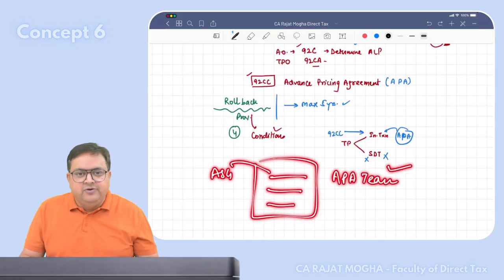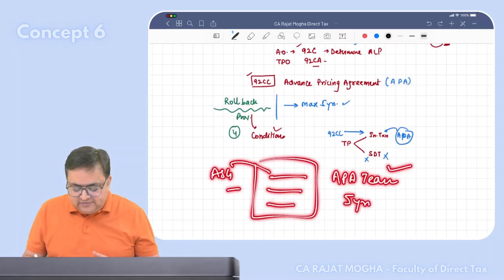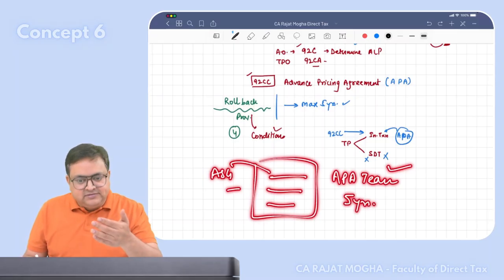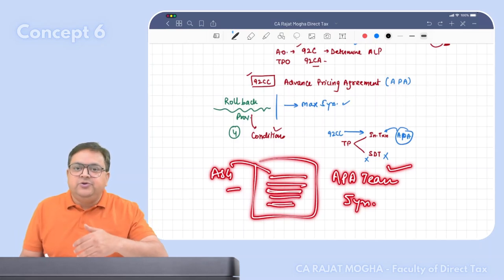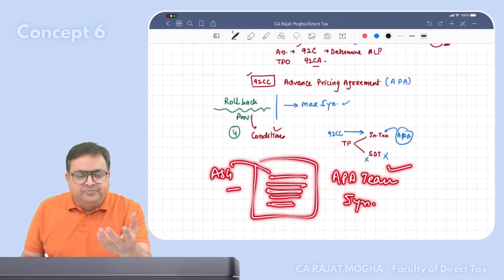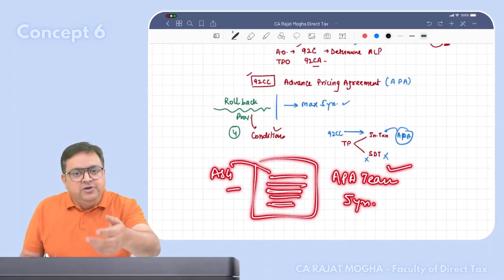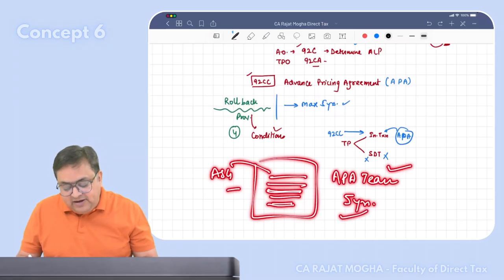So they have determined your ALP or the method. But let's say you have taken the APA for 5 years, and after 3 years the facts of the transactions got changed. Earlier, you were dealing with your associated enterprises and selling only product A. Now you are giving them product B also, or some other services also. Can we take the same ALP?